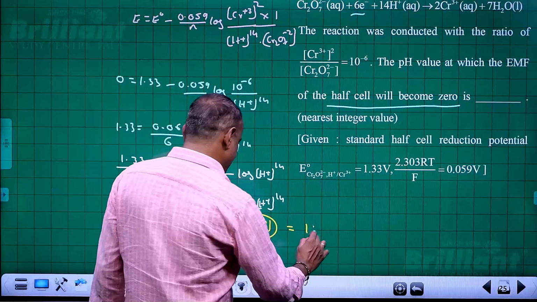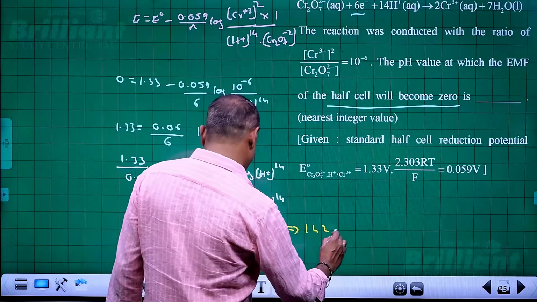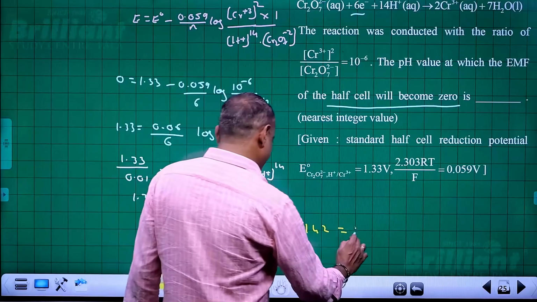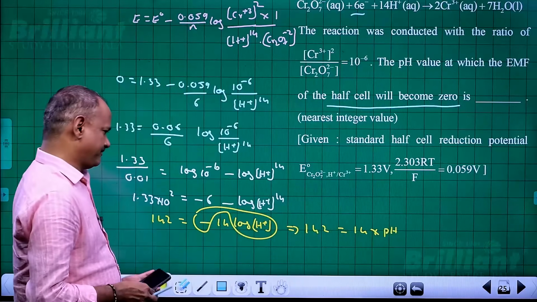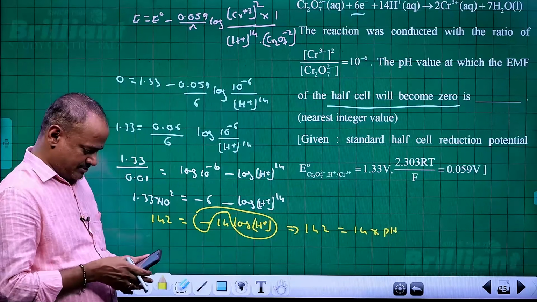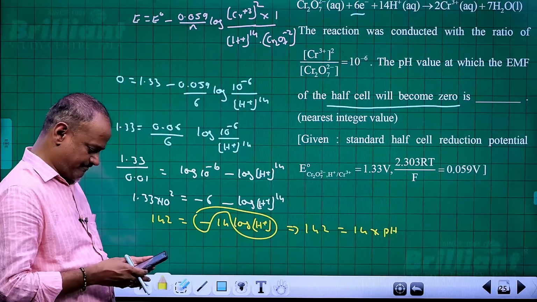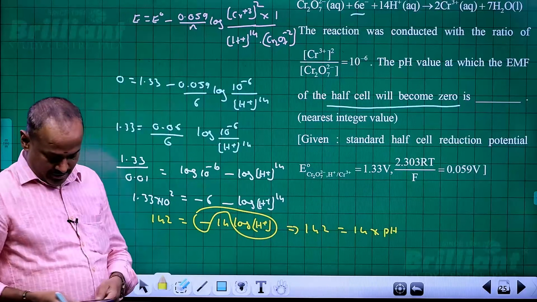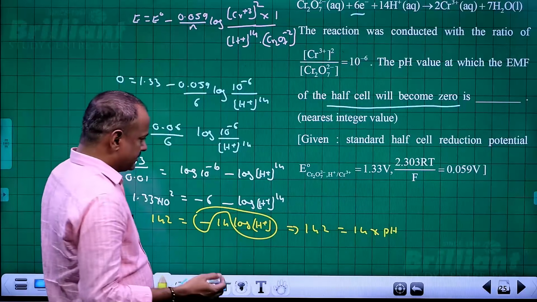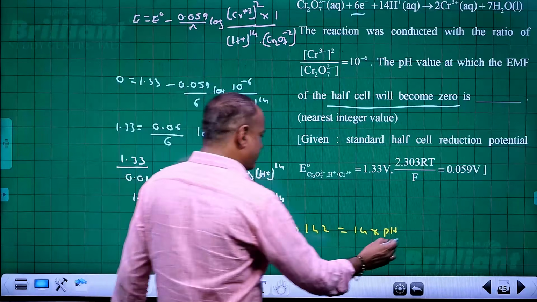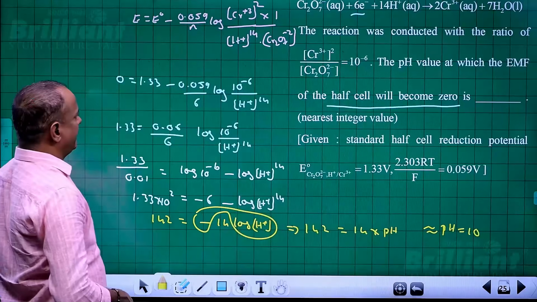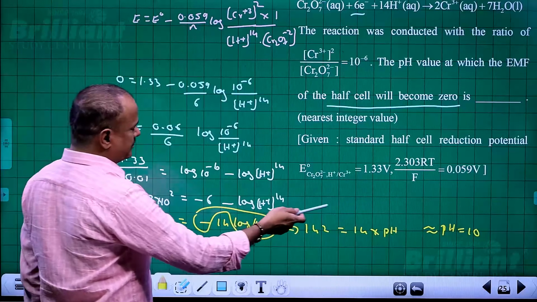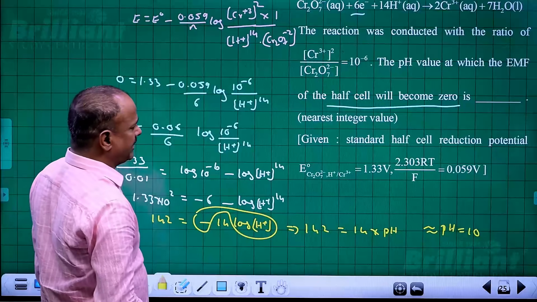So 139 is equal to 14 into pH. So 139 by 14 is nearly 10 only. 9.9 taken as 10. So pH is nearly equal to 10. If we take 0.059, it gives 10.09. So in the question the nearest value, 10, is taken.